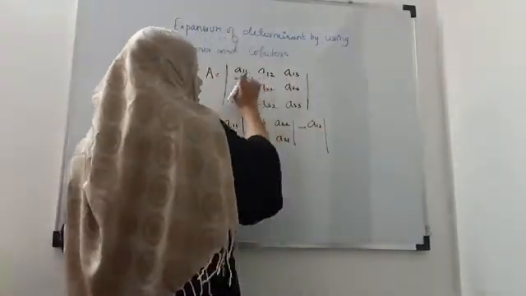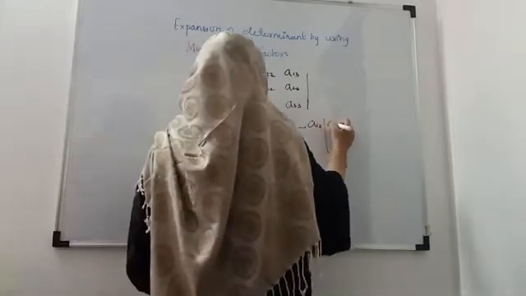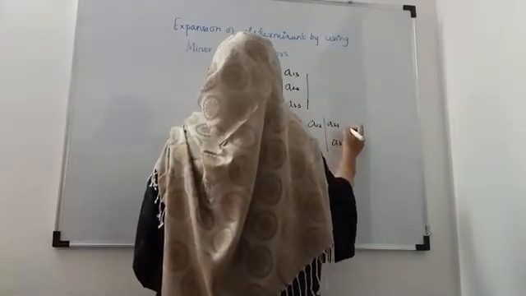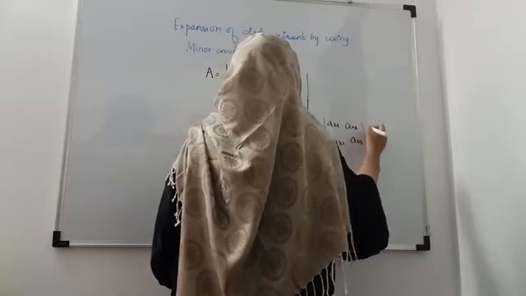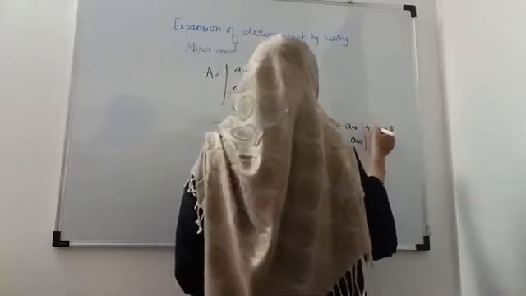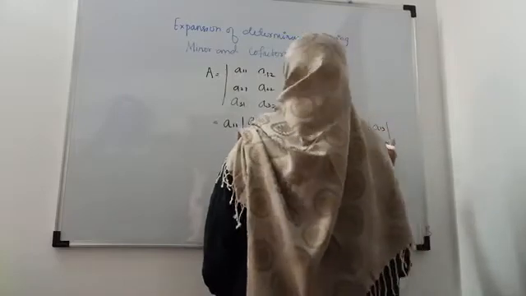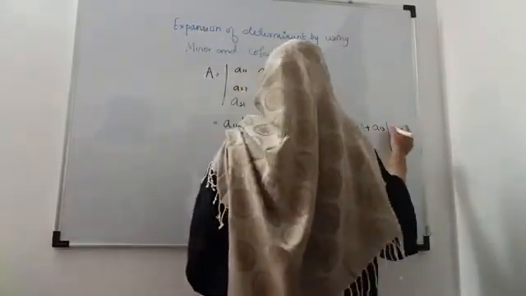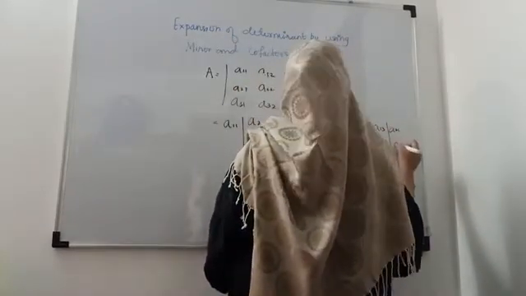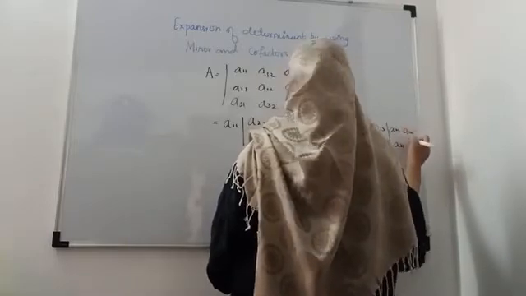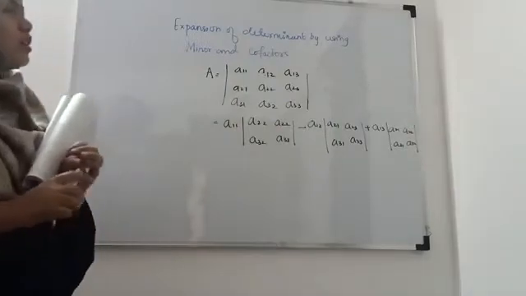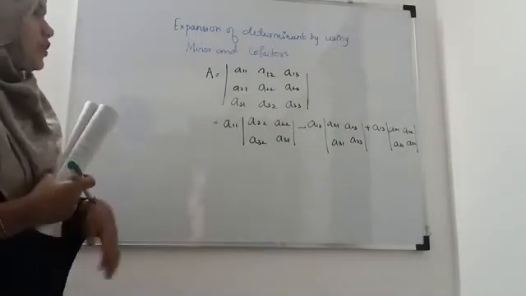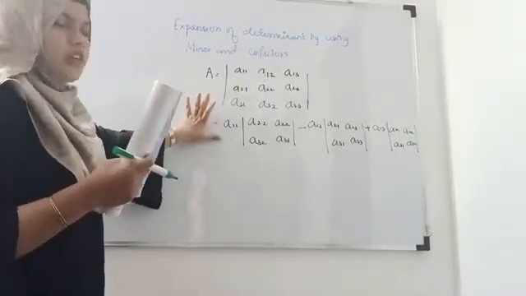For A12, this row and this column will go away, and you will be left with A21, A23, A31, A33. And plus sign A13, A21, A22, A31, A32. Okay, so here we have just written down the formula for the determinant.